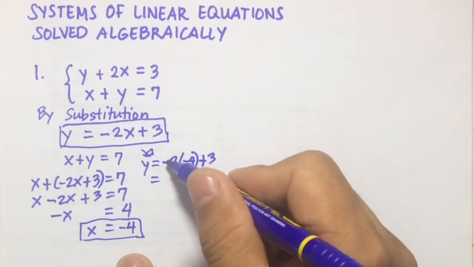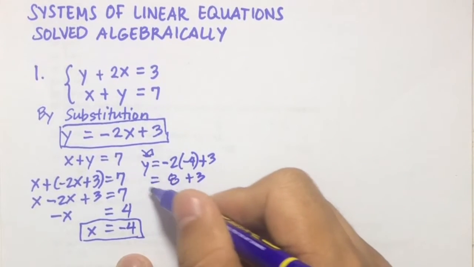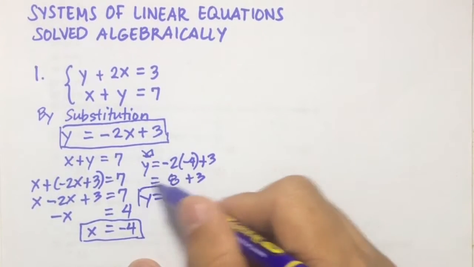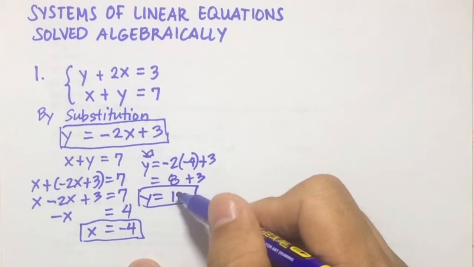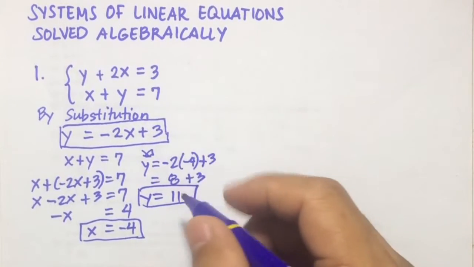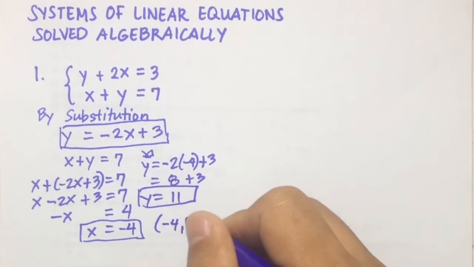Negative 2 times negative 4 is 8, plus 3. So y here will be equal to 11. So x is negative 4 and y is 11. Therefore, the solution of this system is the point negative 4, 11.